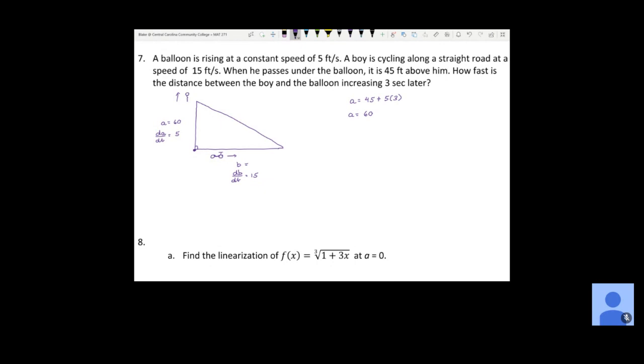Good, right? So we're going to take the 15 feet per second, that's his rate, right? And he's doing that for 3 more seconds. So our B value now is just going to be 15 times 3. And so that total distance should be 45 now. Any questions about how I got any of those numbers that we've got in our triangle now?